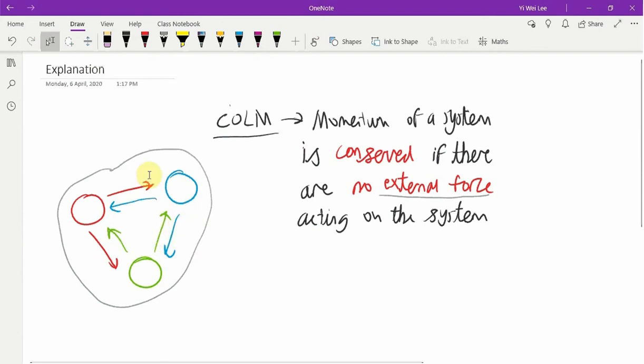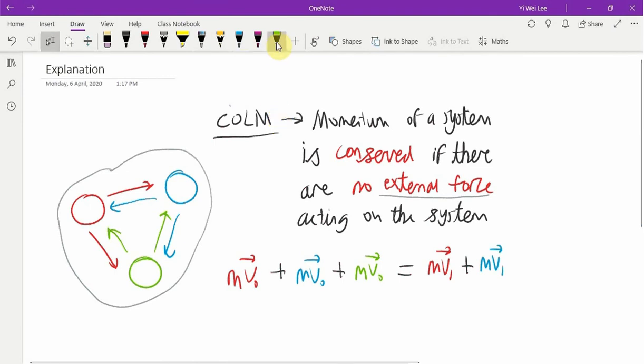So what does it mean that the momentum of the system is conserved? It means that the mass of the red particle times the velocity of the red particle when t is equal to 0, plus the mass of the blue particle times the velocity of the blue particle when t equals 0, plus the mass of the green particle times the velocity of the green particle when t equals 0, is equal to the mass of the red particle times the velocity of the red particle at some time in the future, plus the mass of the blue particle times the velocity of the blue particle sometime in the future, plus the mass of the green particle times the velocity of the green particle sometime in the future.